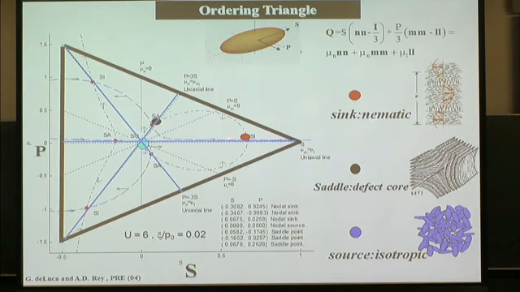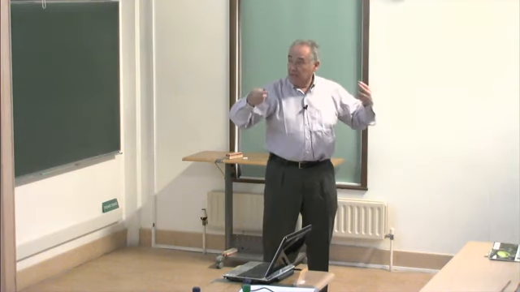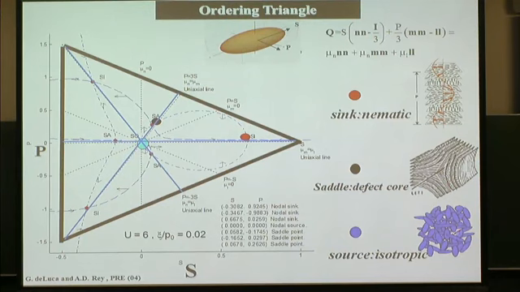If you have an isotropic nematic transition, the source, which is isotropic, is at the center, at this point where all these biaxial lines cross. So at this point, all the eigenvalues are 0. So here, this is a uniaxial root or a sink. The system is stable. So this is a source, the system is unstable.